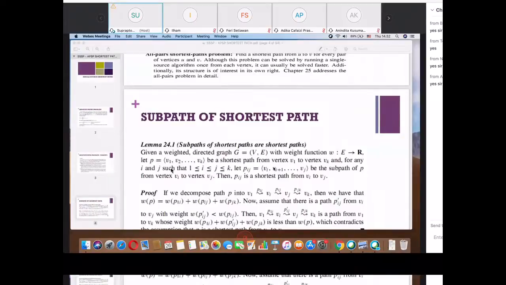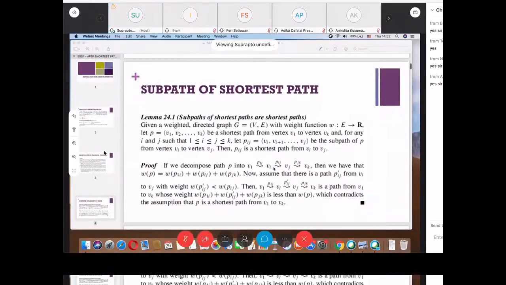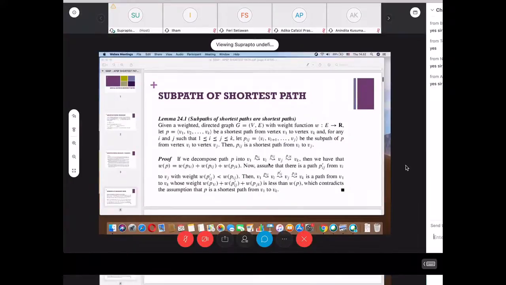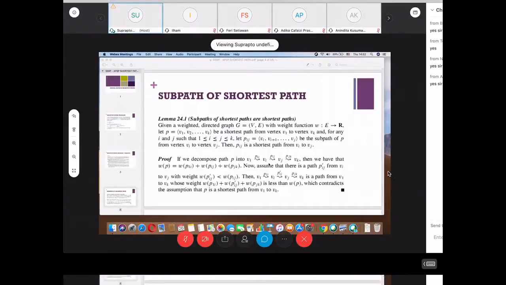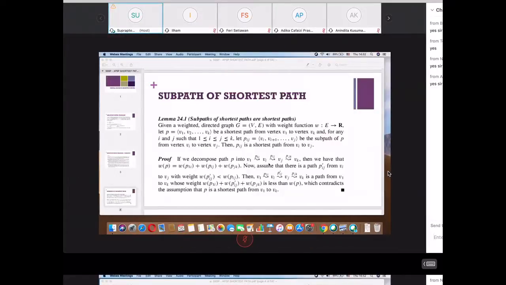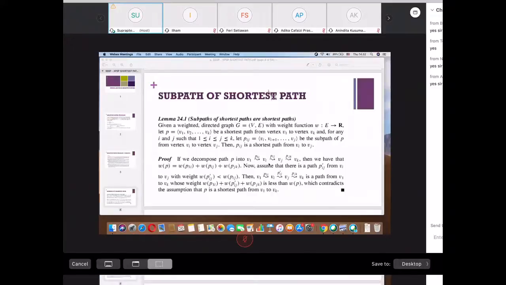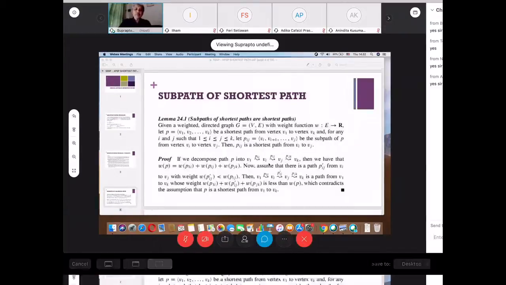There is one lemma here that says that for a given weighted directed graph G, when we have the shortest path starting with v1 to vk, the shortest path from vertex v1 to vertex vk, and for any i and j such that 1 less than or equal to i less than or equal to j less than or equal to k, p i j is a subpath of p.